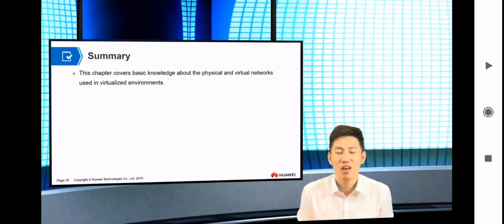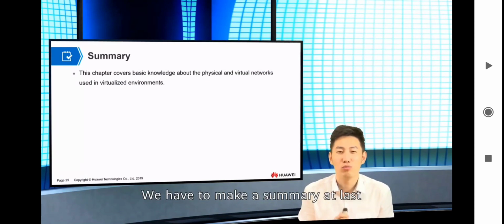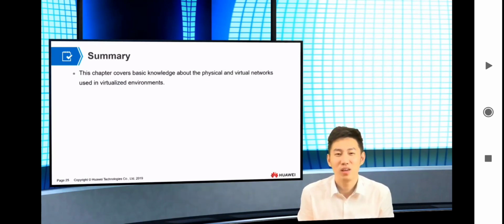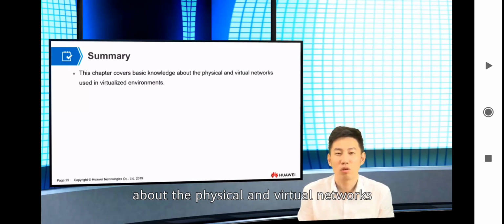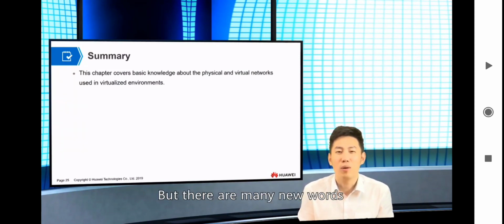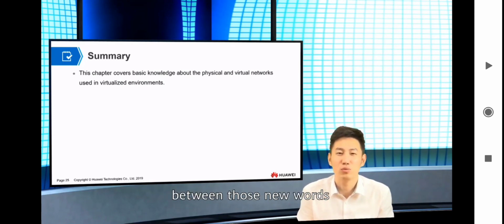Okay, everyone, as a tradition, we have to make a summary at last. In this chapter, we mainly covered the basic knowledge about physical and virtual networks used in virtualized environments. There are many new words, and I introduced the differences between them.